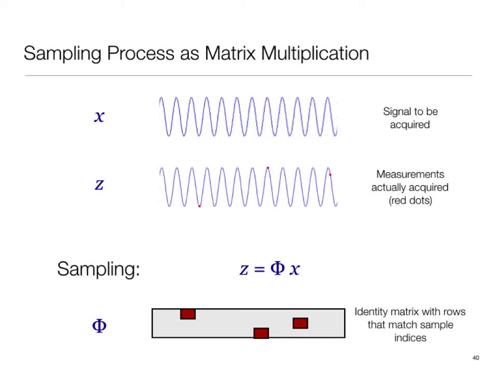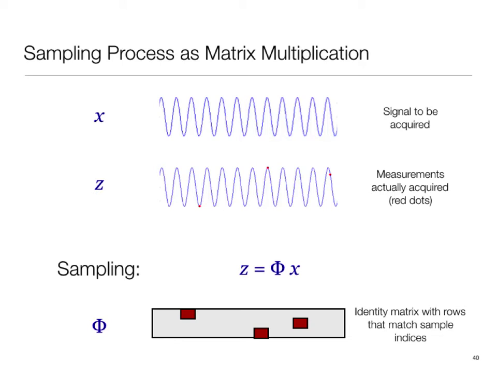Essentially, if I had phi as an identity matrix, that would correspond to sampling as it is. But if I replace that identity matrix by a random matrix, then in a sense I'm taking random summations of some of the samples in my original vector.